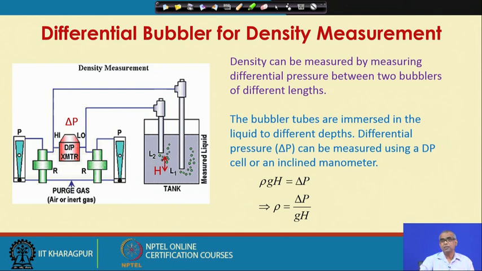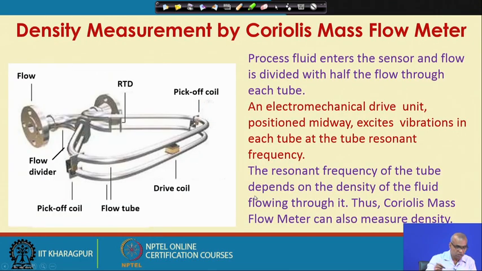So, I basically do the same experiment with two bubbler tubes. Density can be measured by measuring differential pressures between two bubblers of different lengths. The bubbler tubes are immersed in the liquid to different depths. Differential pressure can be measured using a DP cell or an inclined manometer. So, delta P equal to rho gH.